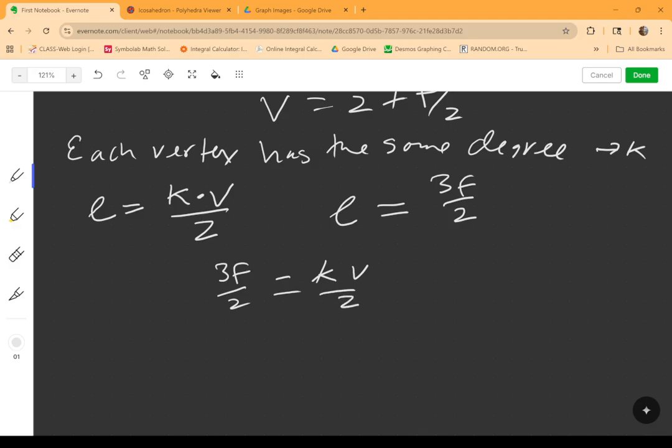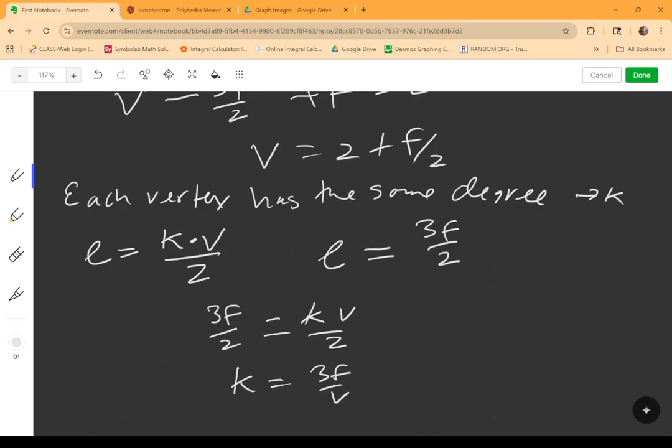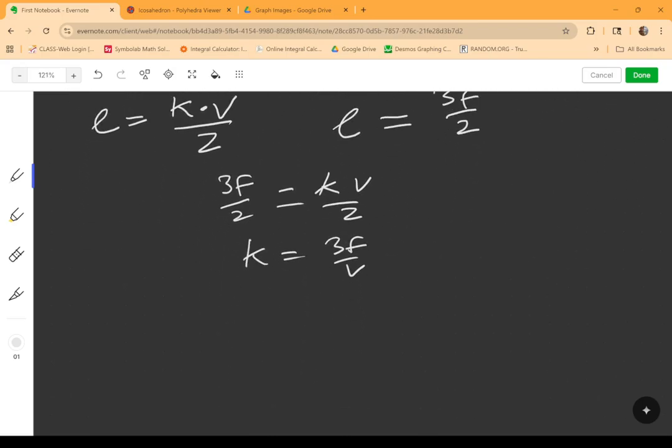All right, and then doing a little substitution here, k will be 3f over v, substituting what we have up here for v. So we get k is equal to 3f over 2 plus f over 2.